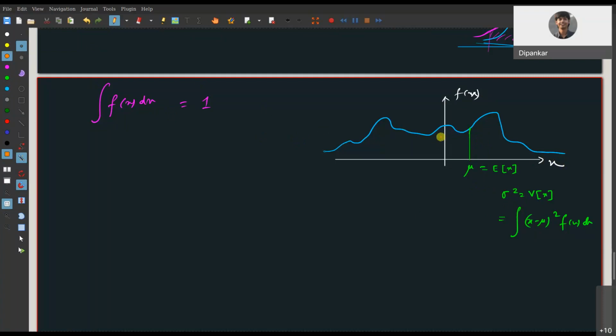So suppose I go to here, I call it mu minus k sigma, and I go to here, this is mu plus k sigma. This is my average mu, and these are my sigmas, and k is a positive quantity.